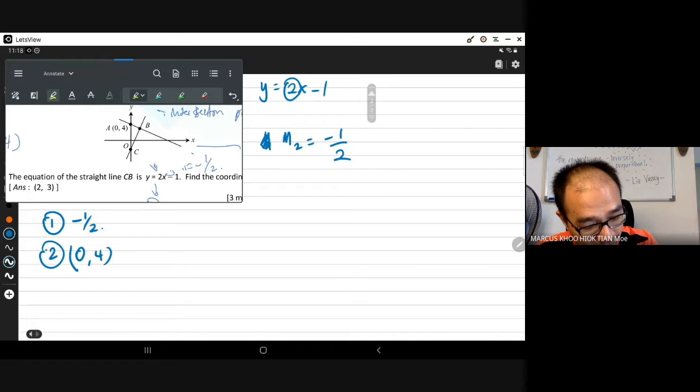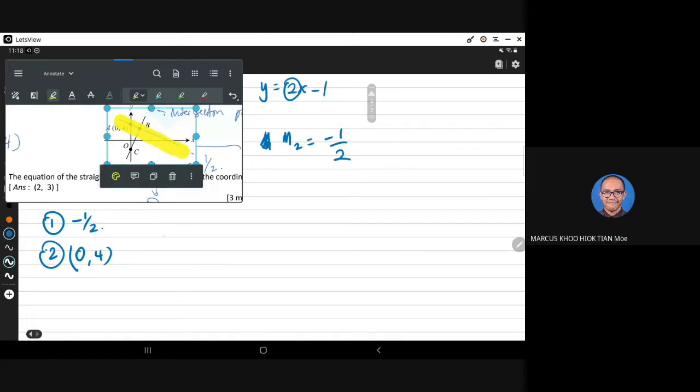So we can use y minus y1 equals to m times x minus x1. We can form the equation: y minus 4 equals to negative 1 over 2 times x minus 0.